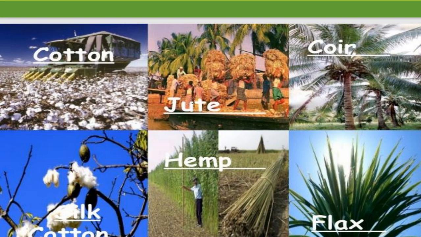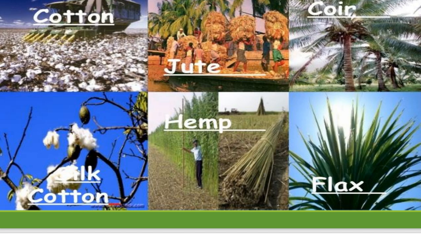You have seen that very harsh dori that is made of threads, that is of jute. Then you can see coir tree here, flax, you can see how it is. Now this flax plant has certain fibers, so those fibers are removed from this. You can see hemp, elongated stick like. Then you can see silk cotton, how it is. Alright, this is the type.